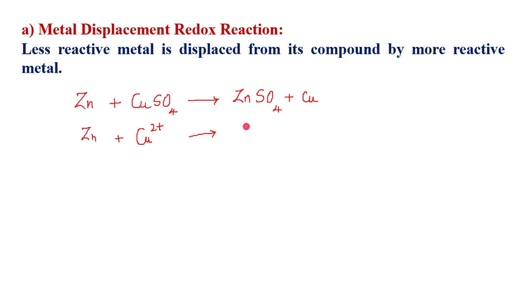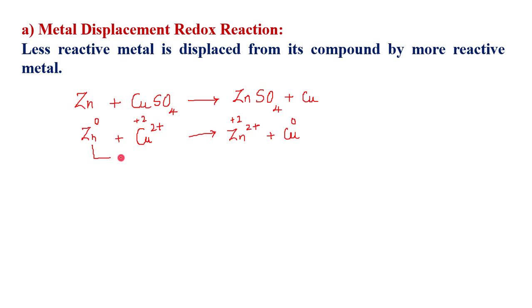On the other side, you will get Zn2+ and Cu. In uncombined form, we write the oxidation state as 0. Copper monoatomic ion, oxidation number is plus 2 because it is equal to its charge. This is also a monoatomic ion, oxidation number equal to its charge, plus 2, and this is in uncombined form, we write it as 0.